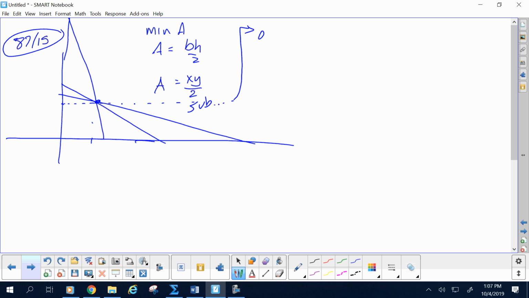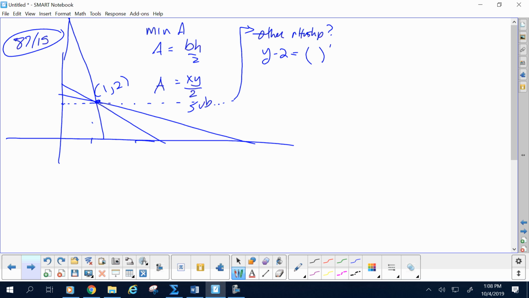What is another relationship? What's some other thing between the variables, x and y? What have you not used yet that they gave? It's got to go through 1, 2 somehow. We got to use that somehow. How can we use that? Y minus 2 equals some slope.